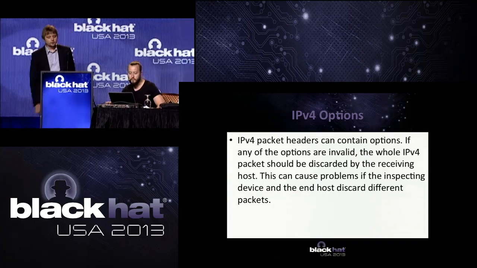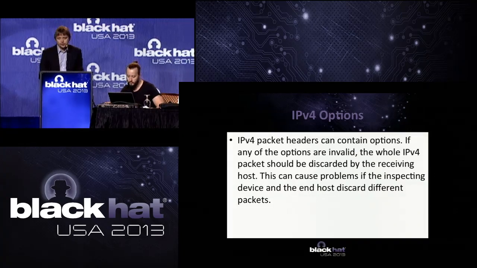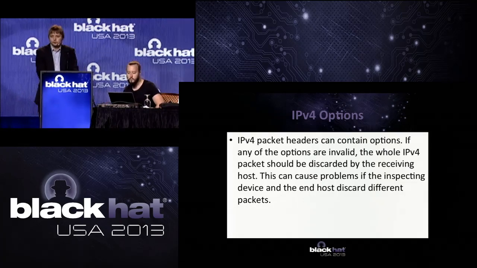Then another method of doing evasion is the IP version 4 options. We can put all kinds of options in the IP version 4 packet header. If the option is invalid, the remote host will actually drop this packet. But the IPS system doesn't know whether the option is valid or invalid for the remote host, so it will probably pass it.